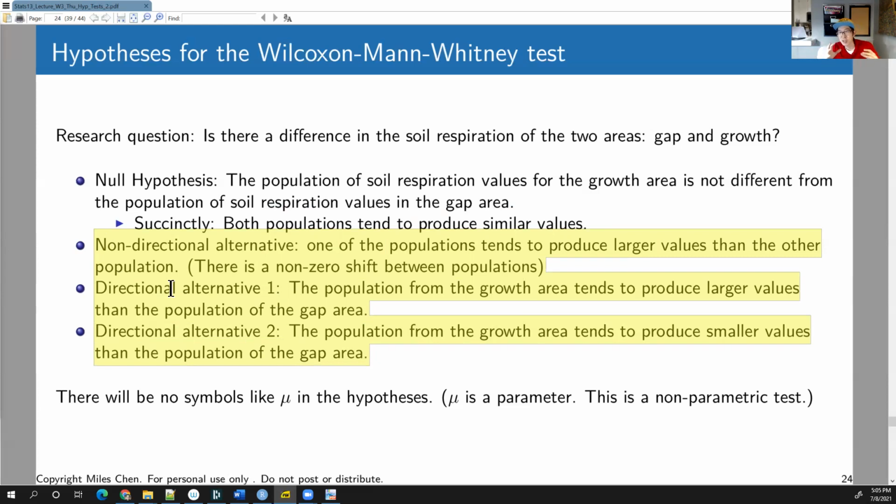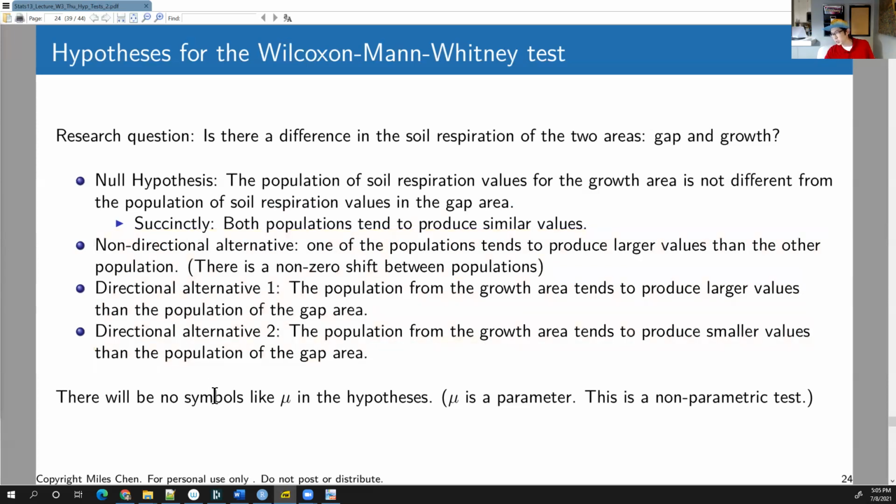We're just talking about the population tending to produce values that are bigger or smaller. These are very vague statements, okay? So we don't use symbols like mu. Mu is a parameter, and this is a non-parametric test. And so we don't have a symbolic way to express these alternatives. We have to use these long-winded phrases.